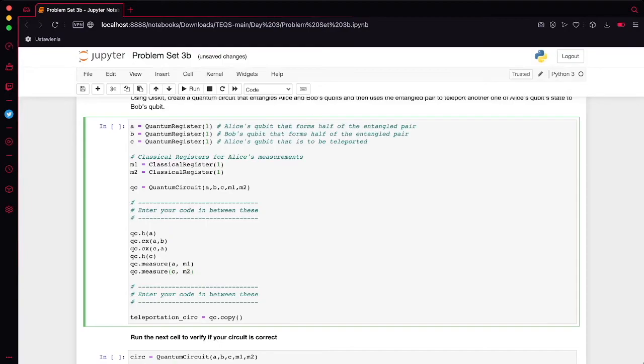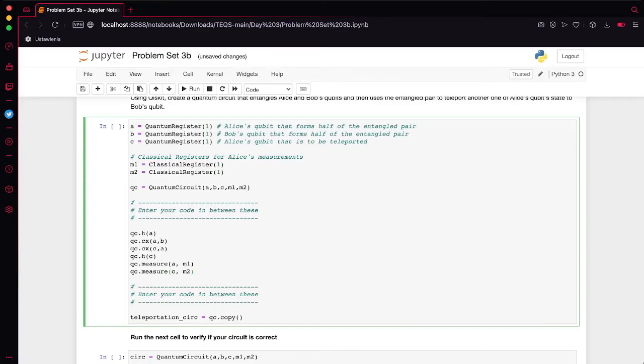And that is the moment where Bob starts doing something. So if you remember from the lecture, if these outcomes are 0, 0, he does nothing. If it's 0, 1, he applies X to his qubit. And if it's 1, 0, he applies Z. And if it's 1, 1, he applies both of these gates. So he applies X and Z.